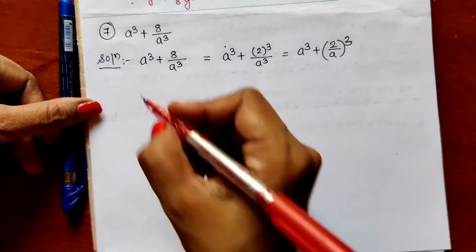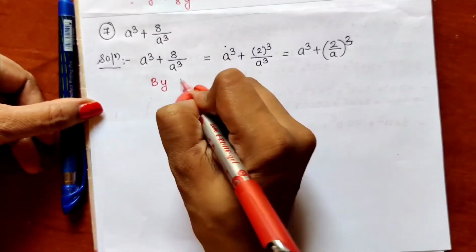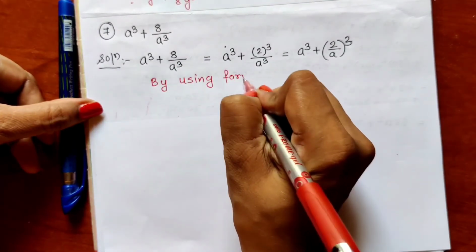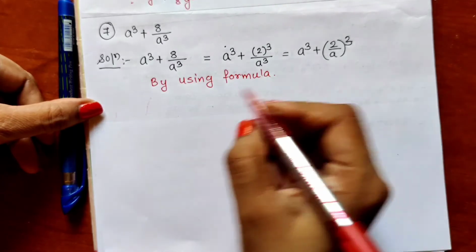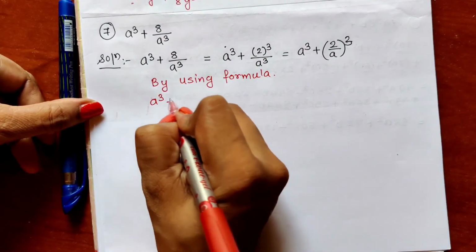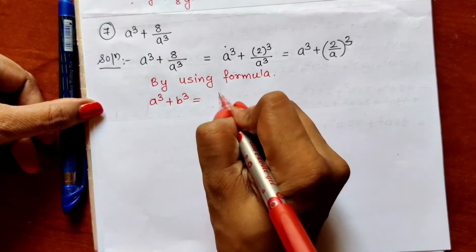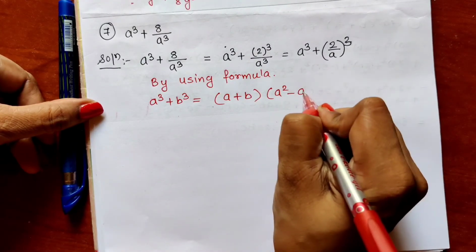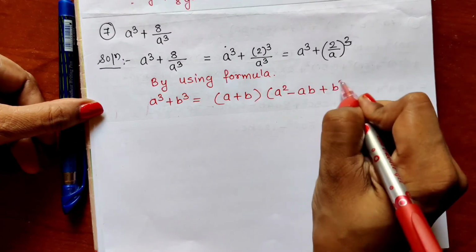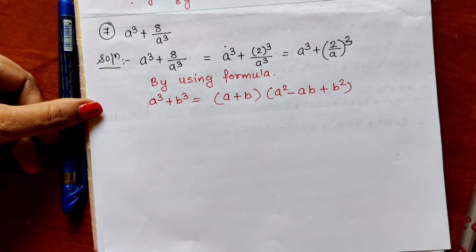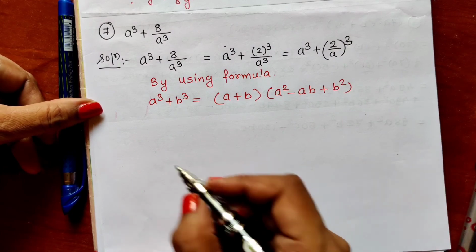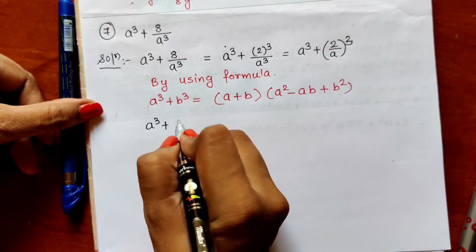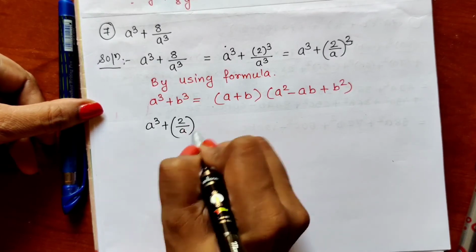Now we will write the formula by using formula. A cube plus b cube is equal to a plus b in the first bracket, a square minus ab plus b square in the second bracket. Now we write this expression a cube plus 2 upon a whole cube.